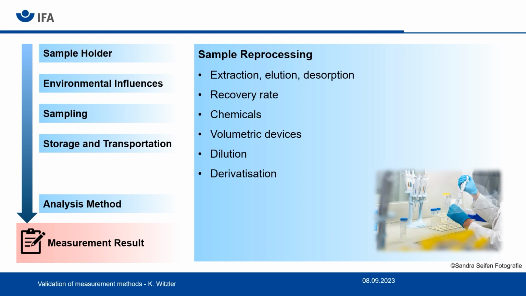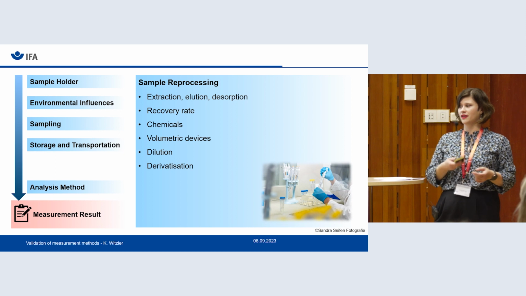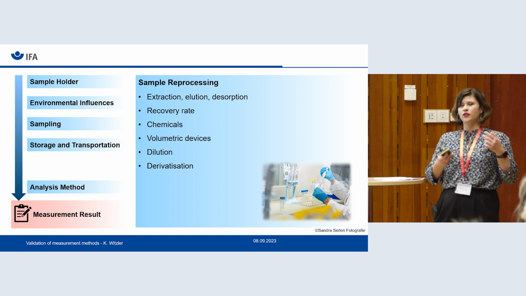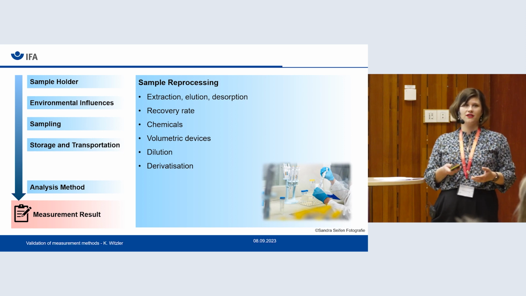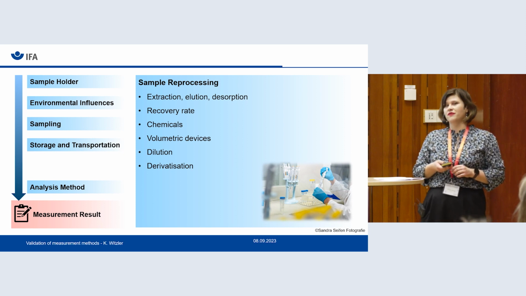When you finally get your samples to the lab, the most important part is the sample reprocessing. You have a lot of influences there. You have the volumetric devices, chemicals can have blank values, but most importantly, during extraction, elution, desorption, whatever reprocessing your sample is undergoing, losses can occur. So this is really important.